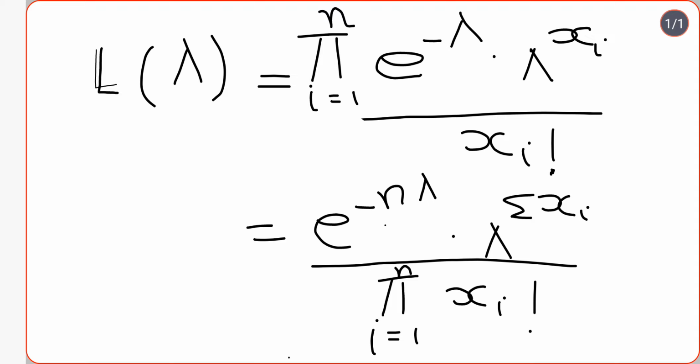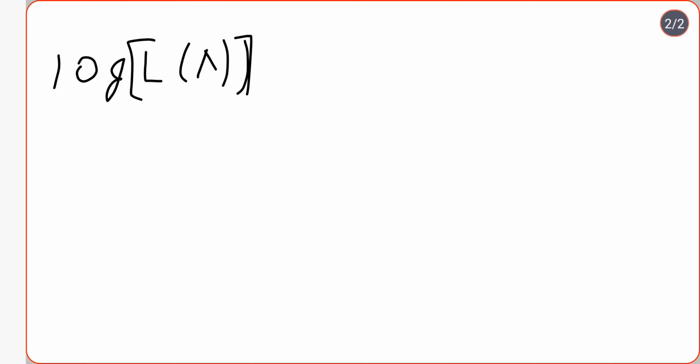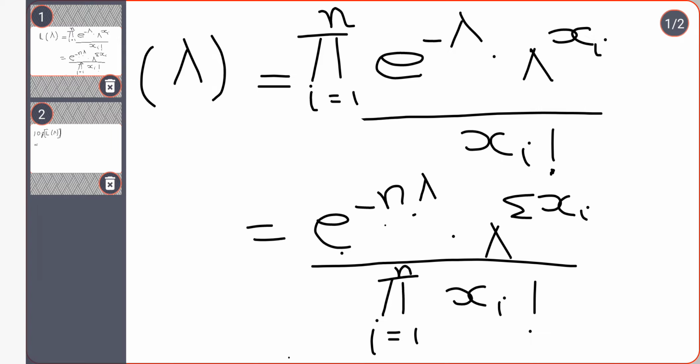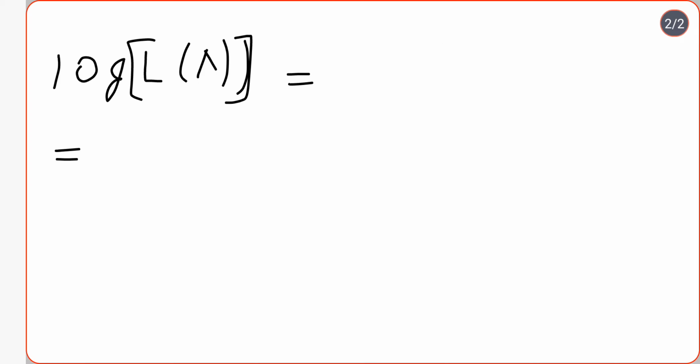Now we are going to take the log of both sides, that is log of L of lambda. Let me write this entire thing in log at first.